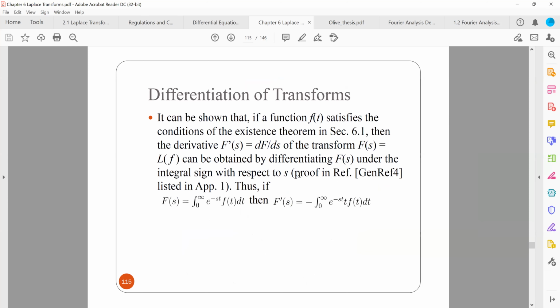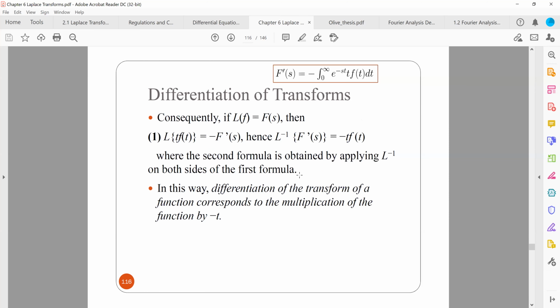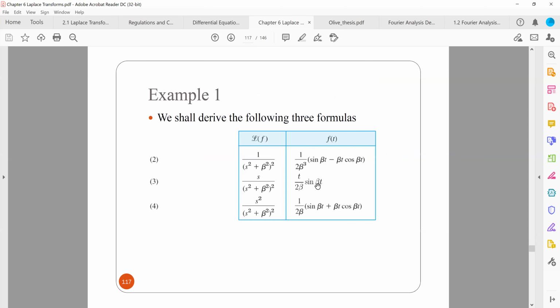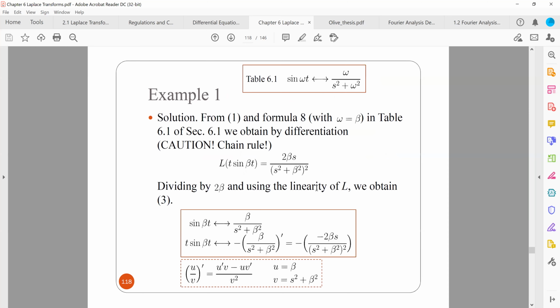The other statement of it is that the Laplace inverse of the derivative is minus t f(t). So if we were given t times sine beta t, the first thing is to differentiate this sine beta t to get t sine beta t, to get this.